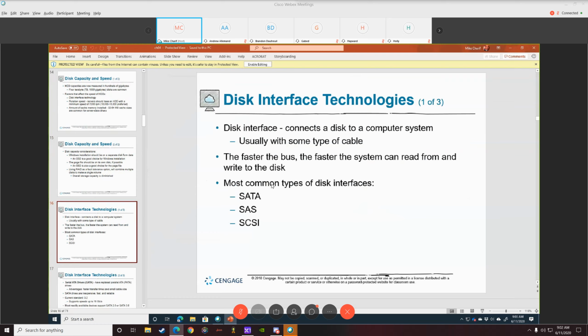Okay, so we talked about the speed and the capacity, and now we're going to talk about the disk interface. Disk interface, basically, when you get your disk, where do you want to plug it in? It depends on the types of the disk.